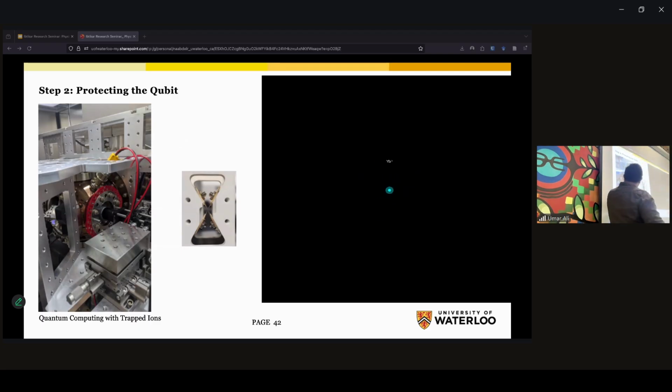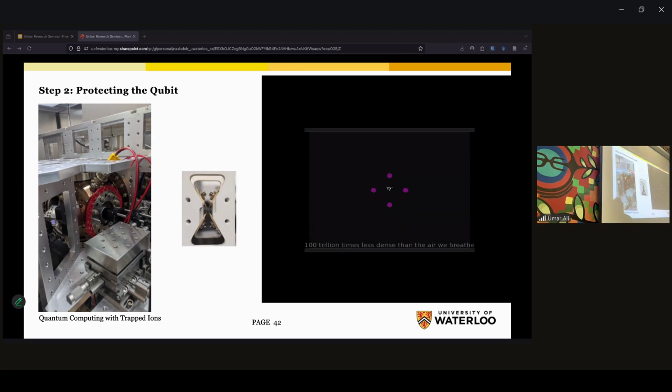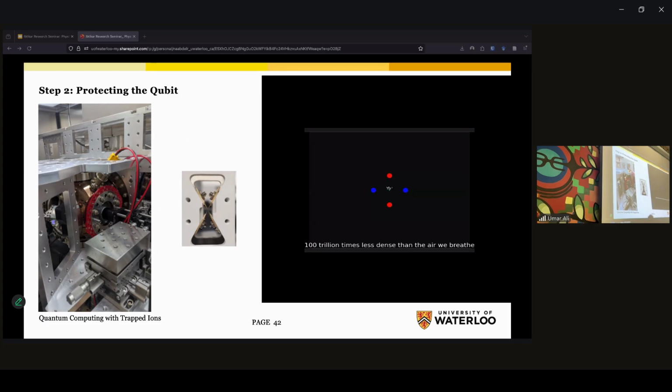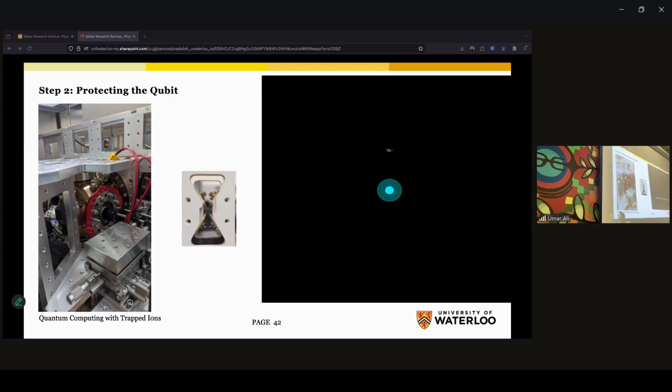We have it inside the vacuum, and this vacuum, if you want to visualize it, is 100 trillion times less dense than the air we are breathing right now. This is 10 to the negative 12 bar.